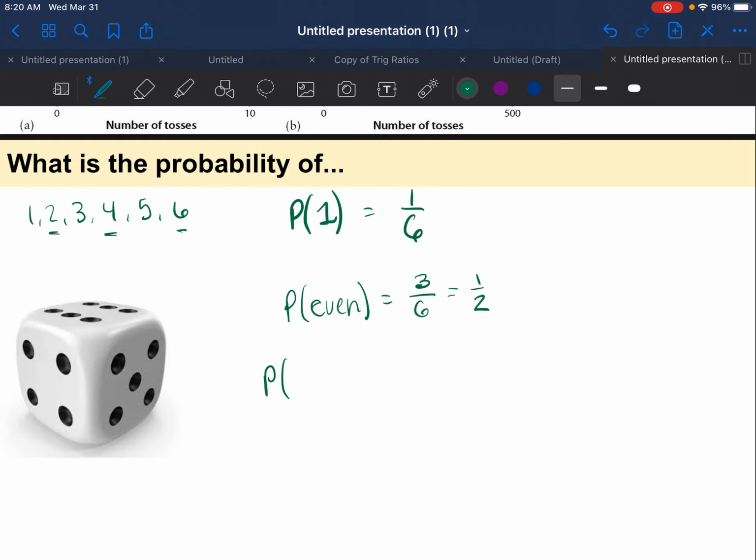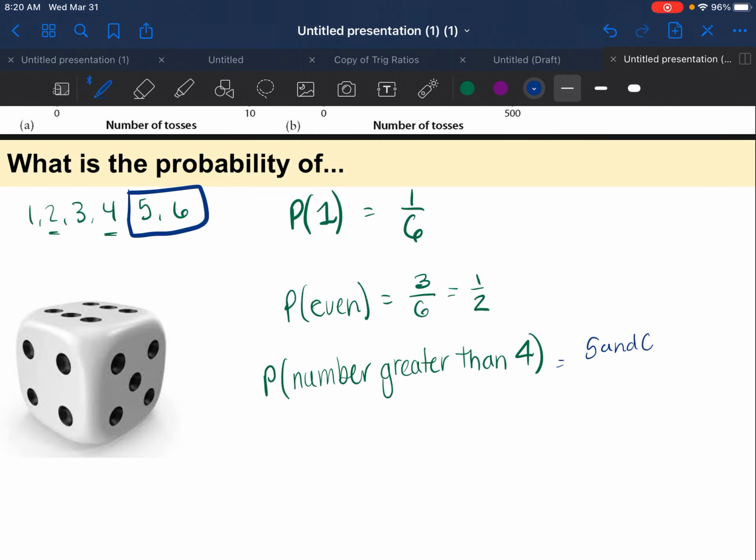What is the probability of getting a number greater than 4? So greater than 4 would be 5 and 6. So I have 5 and 6 out of 6.